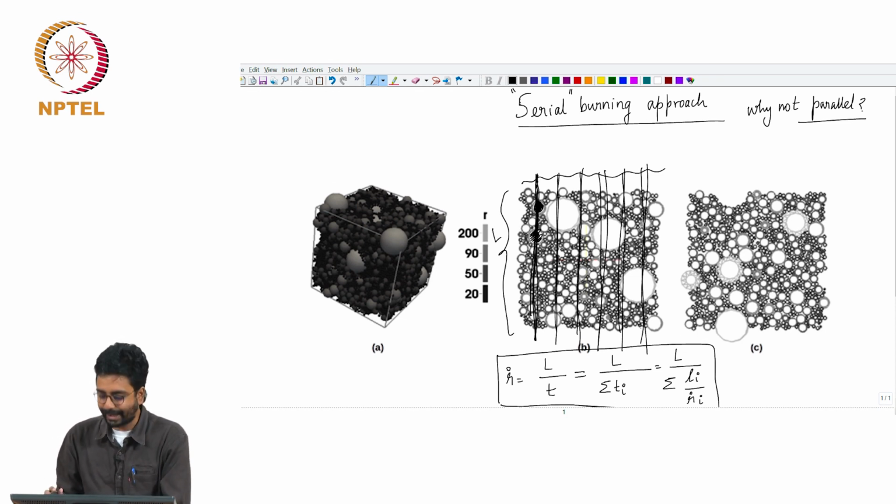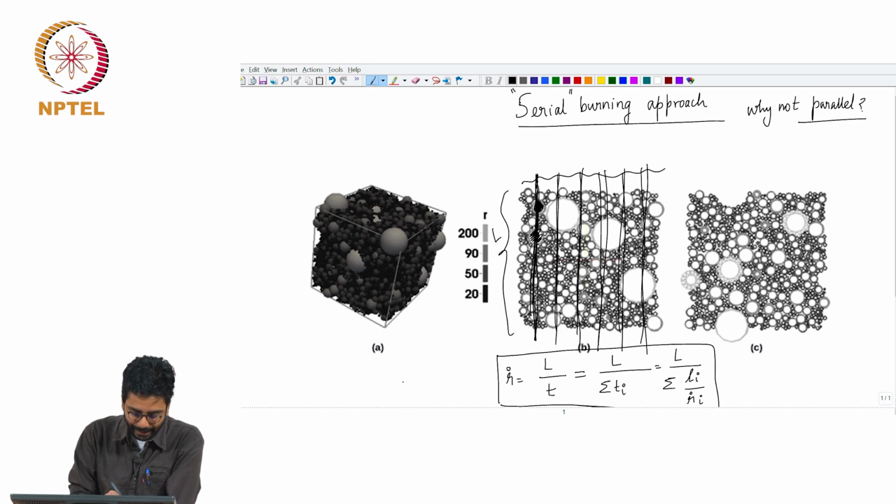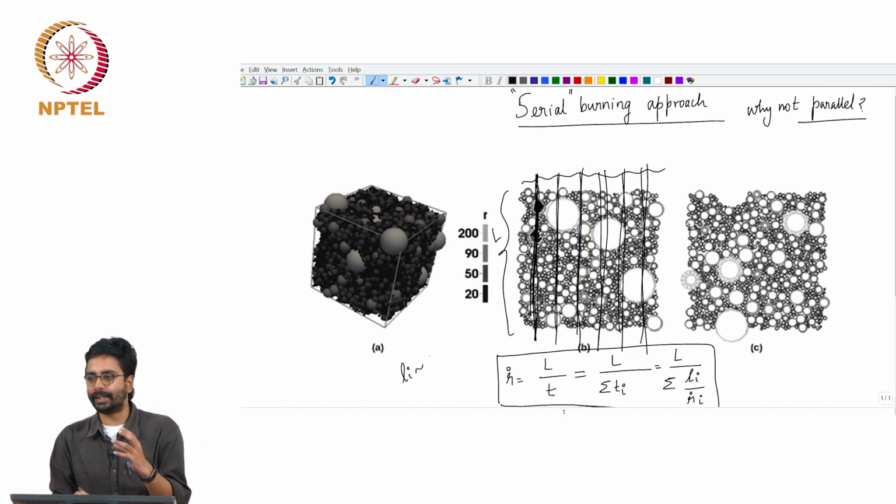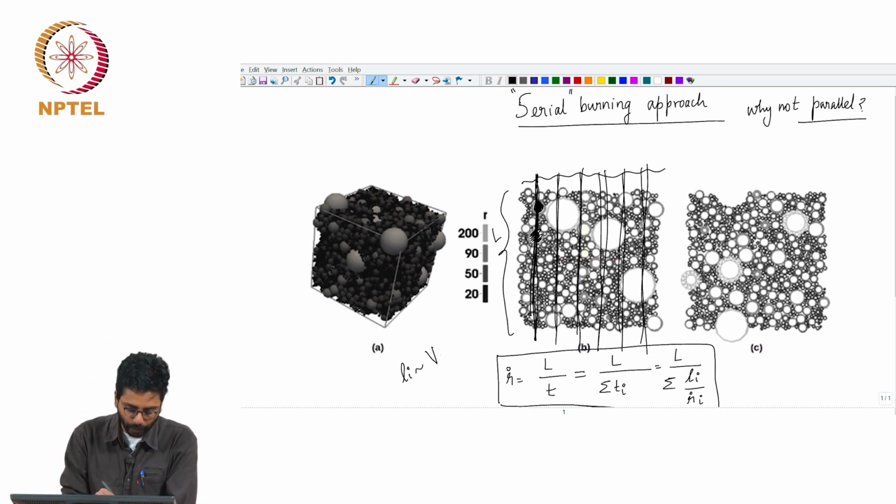And as it turns out, that is simply proportional to the volume fraction of that particular size. Therefore, Li, the fraction of an averaged line occupied by a particle of size di, will be simply proportional to the volume fraction of that particular size di.